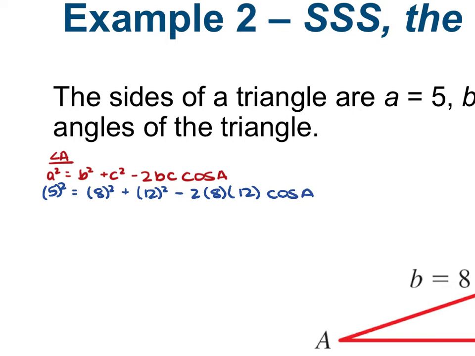From here, we're going to simplify the 5 squared, the 8 squared, the 12 squared, and the negative 2 times 8 times 12. The 5 squared gives us 25, 8 squared is 64, 12 squared is 144.